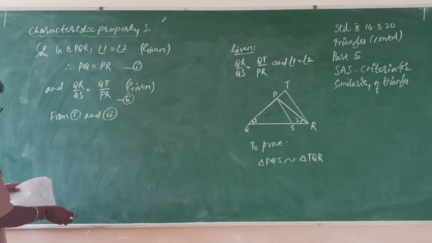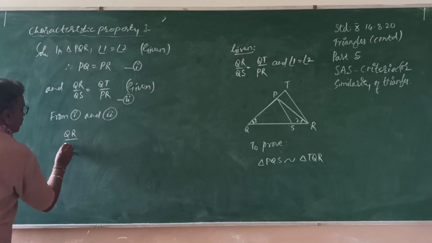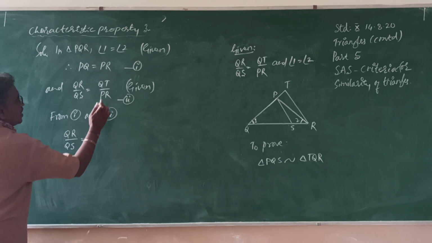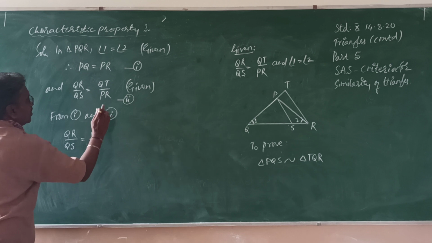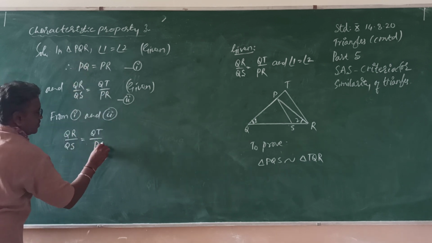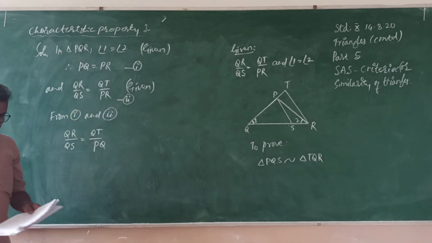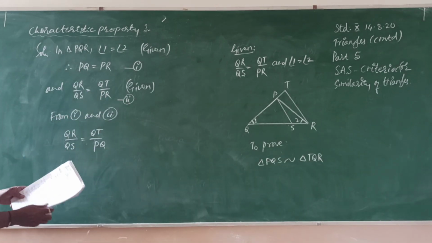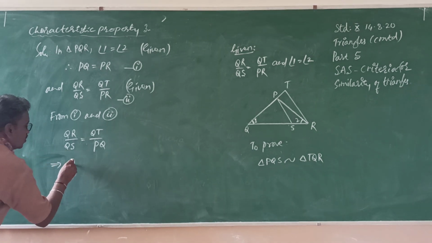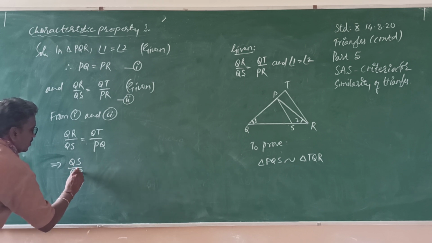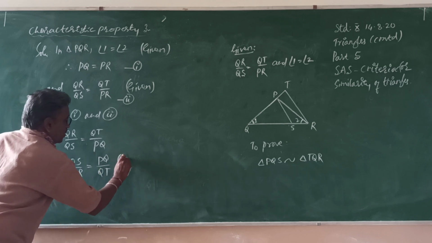From 1 and 2, QR by QS equals QT by PR, which equals QT by PQ, since PR equals PQ was proved here. So taking reciprocals, it implies QS by QR equal to PQ by QT.